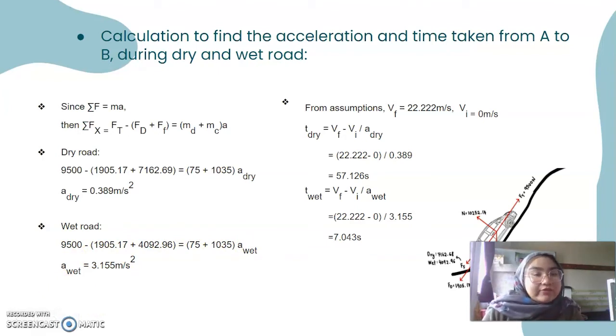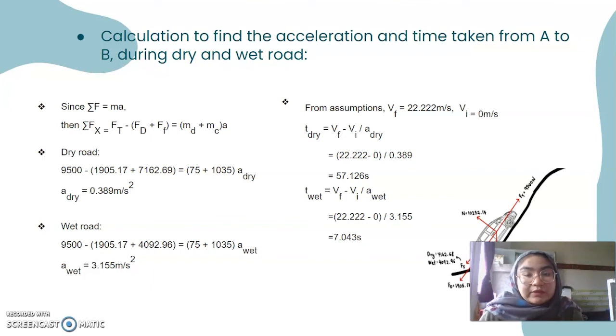And then we have the assumption that the initial velocity of the car is 0 meters per second, and once it reaches the uphill at point B, the velocity is 22.222 meters per second. So we can find the time taken for the car to go from A to B by using the formula of final velocity minus initial velocity divided by acceleration according to the specific road condition.